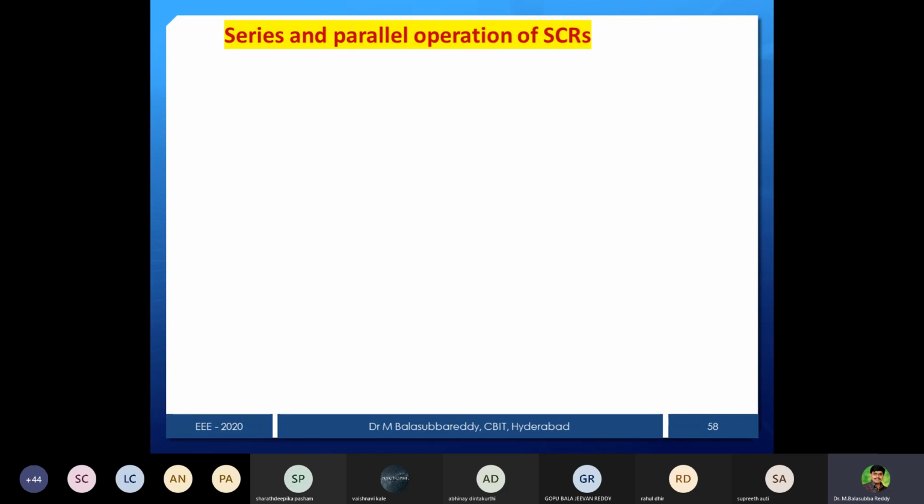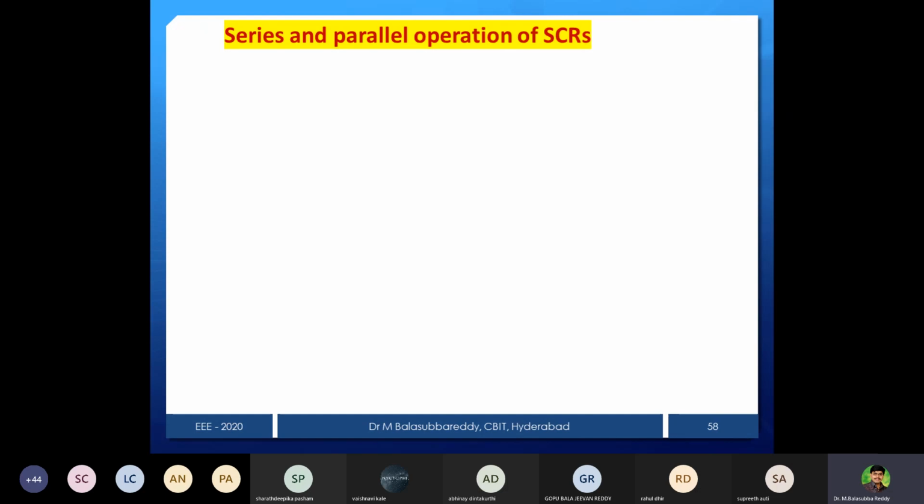They may ask in the exam: if the string voltage is this and the available SCR rating is this, then how many SCRs are connected in series? Similarly, if the string current demand is known and one SCR's current rating is known, how many SCRs are in parallel to meet the demand?